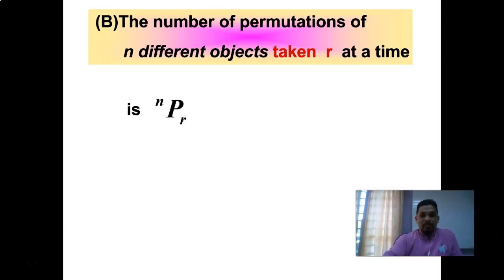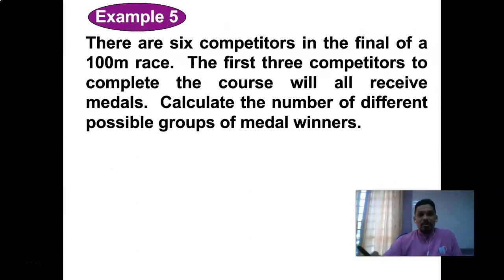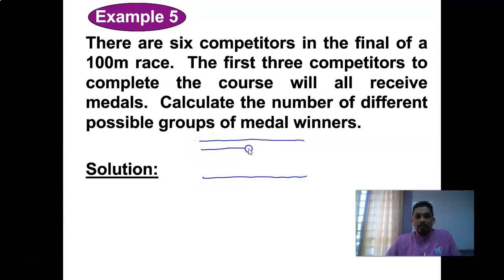Now, for nPr, it means that from the number of letters, numbers or persons, we take only a few of them. Example: there are 6 competitors in the final of a 100-meter race. Just imagine a 100-meter race with 6 lanes and 6 competitors, and this is the end of the race.